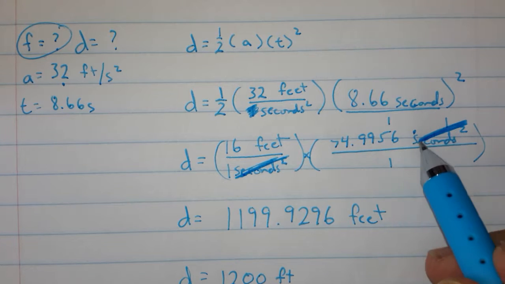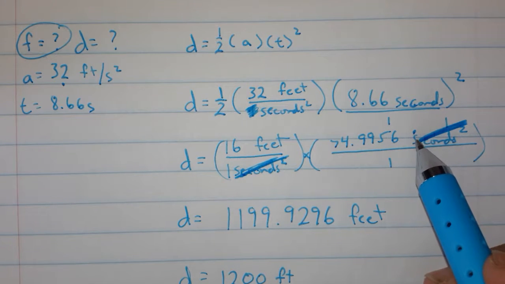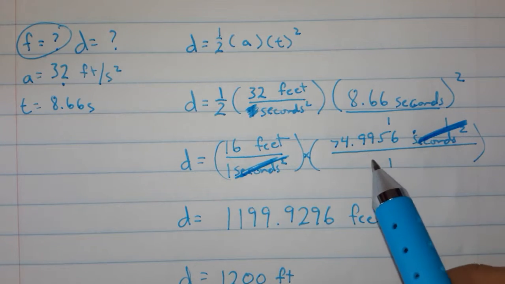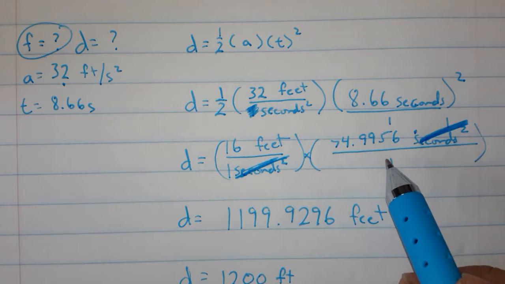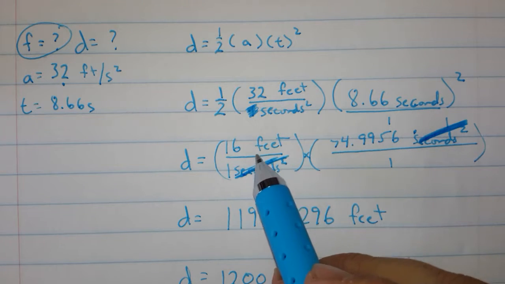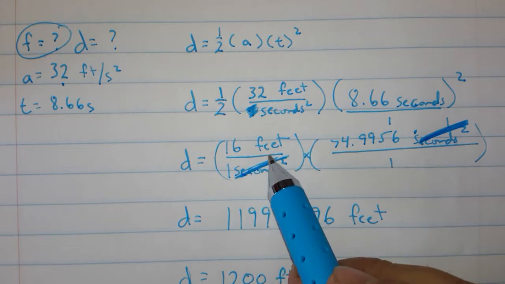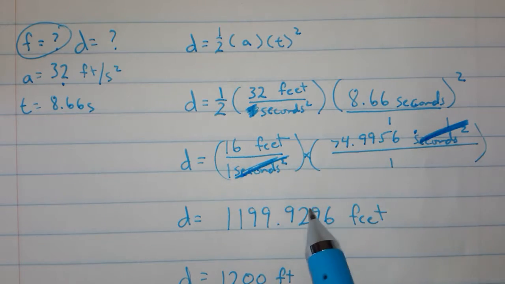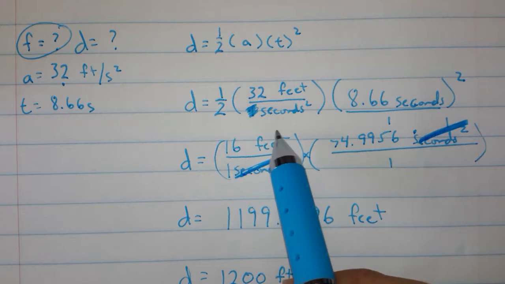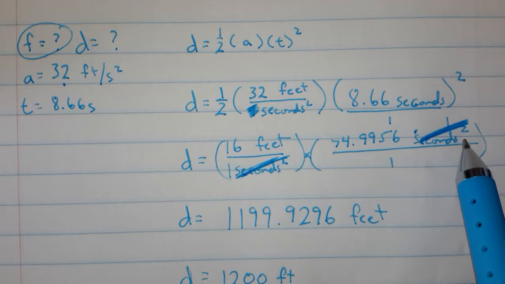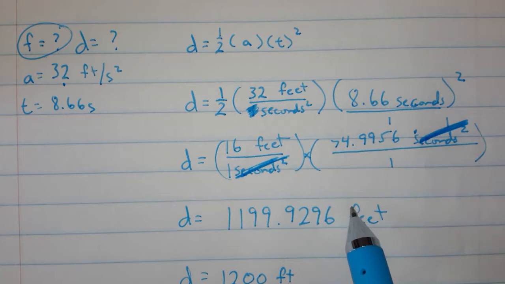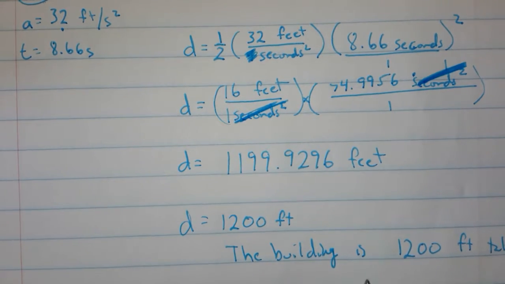But again, we wouldn't even need to write that. Multiplying or dividing by 1 is kind of redundant. Sometimes we put a 1 here just to fill it in to make sure that it lines up or that we don't make mistakes when we're multiplying across. Then after we simplify, we multiply the 16 by the 74.9956, and we get something very close to 1200.